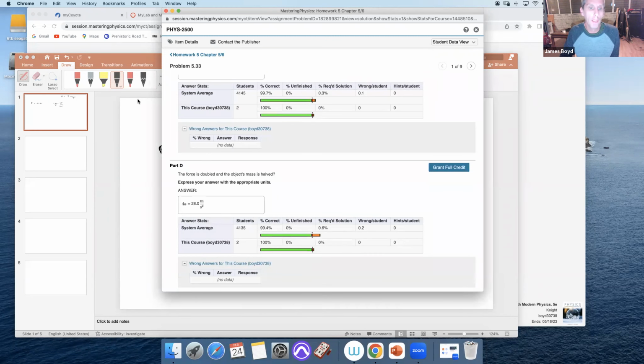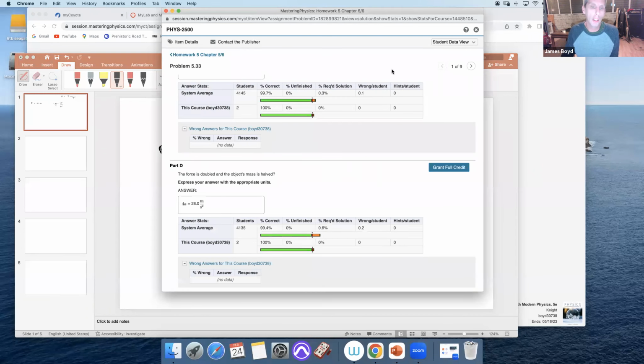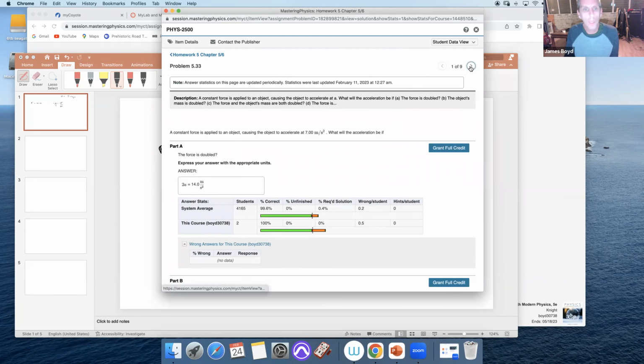And finally, if the force is doubled and the mass is halved, 2 over 1/2, the 4 comes up and you get 4 times the acceleration. That's all. I just want you thinking about constant forces and what happens with them.